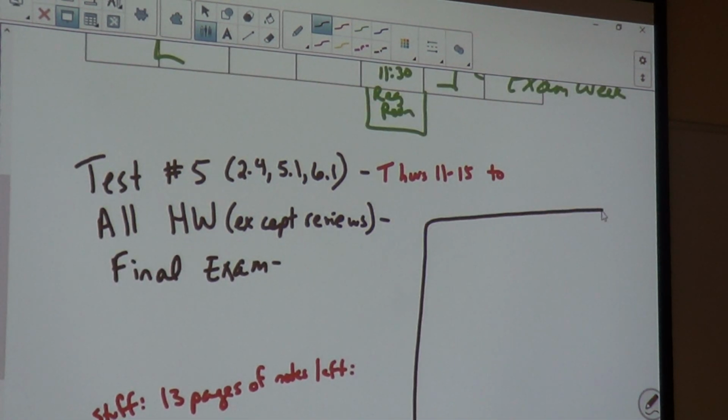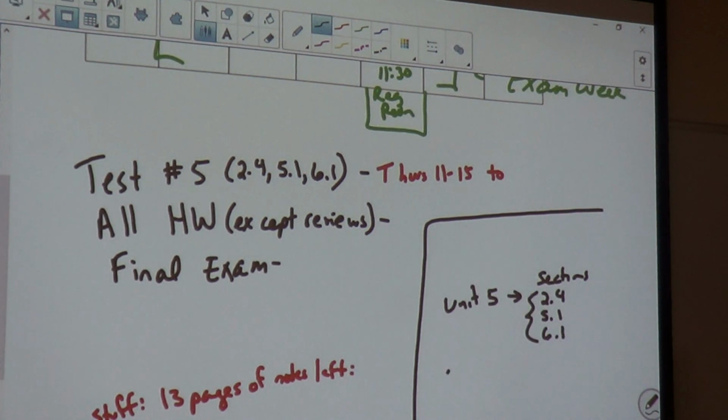let me put it off to the side. Unit 5 is sections 2.4, 5.1, and 6.1. Unit 6 is section 6.2, 6.4, and a section called 95% confidence interval.